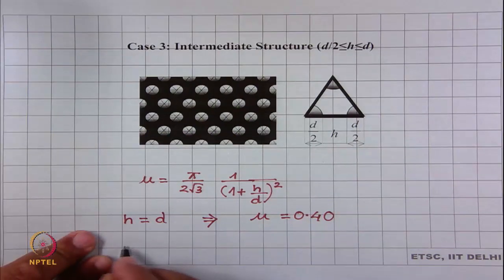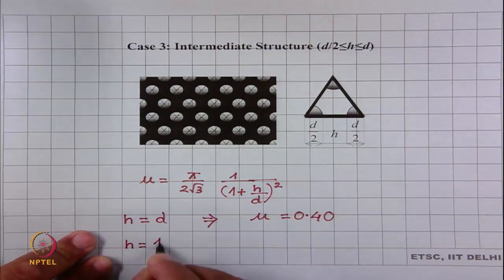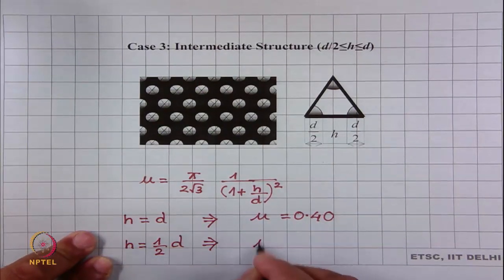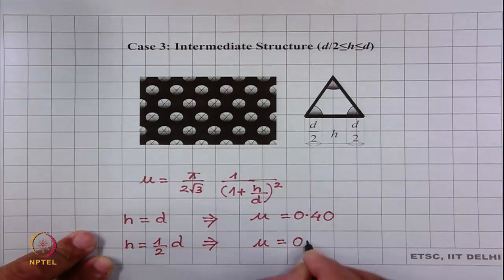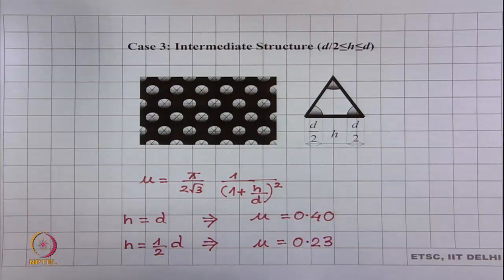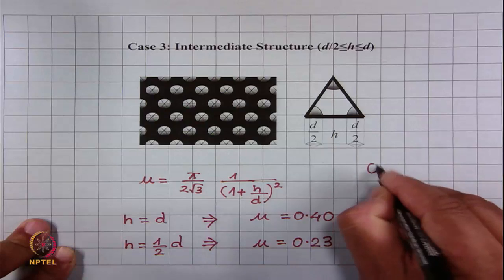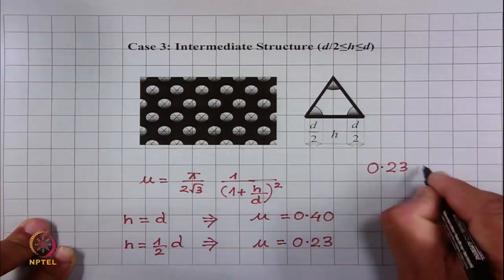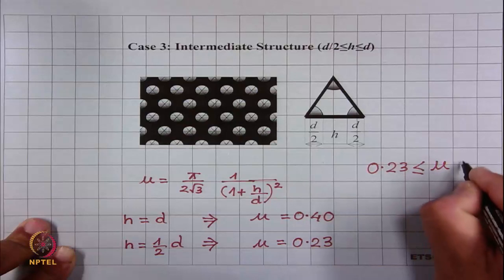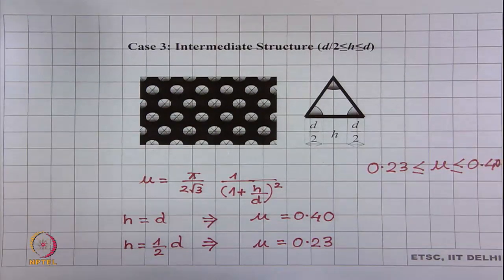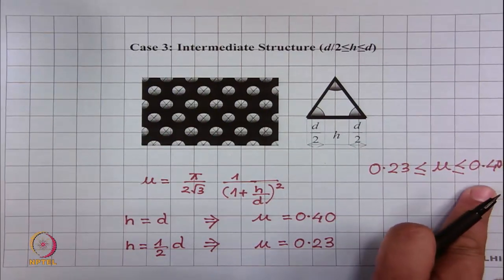If you put H is equal to D by 2, half of diameter, then you will find out mu is equal to 0.23. That means, for this structure packing density will vary in this range, 0.23 to 0.4.